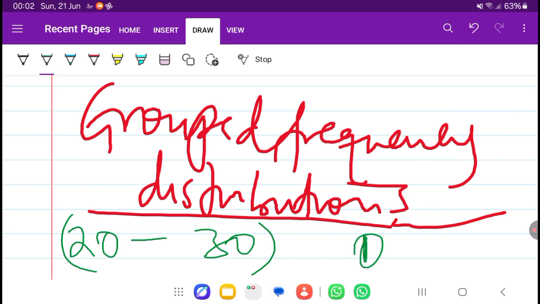This one will not be making any sense. You rather not have this class and you start maybe from 30 to maybe 35. So it is better that each class you are creating has more than one value, because if it has a 0, then unless you have been told which class width to use, you find yourself with some of the classes having 0. But having a class with a 0 is really not a good way of presenting the data.